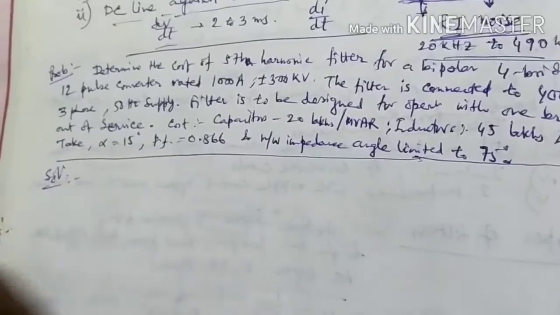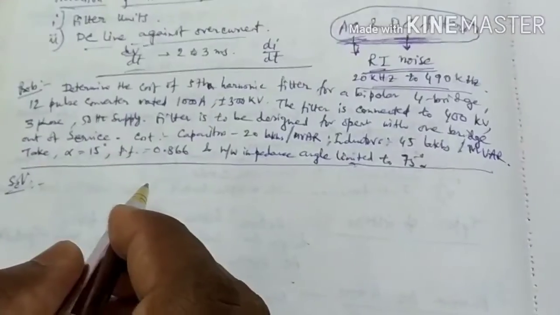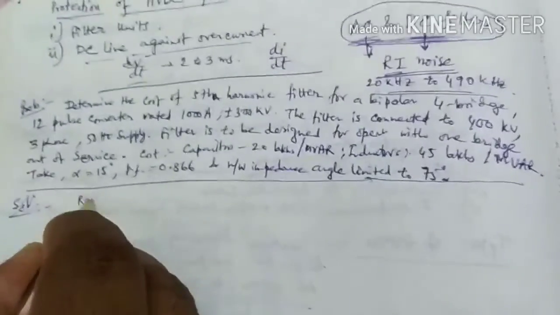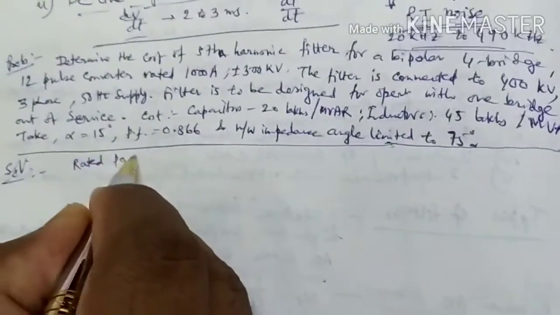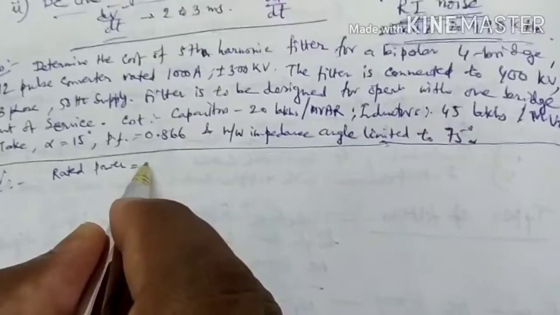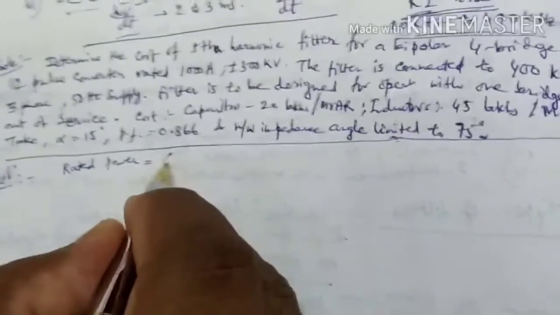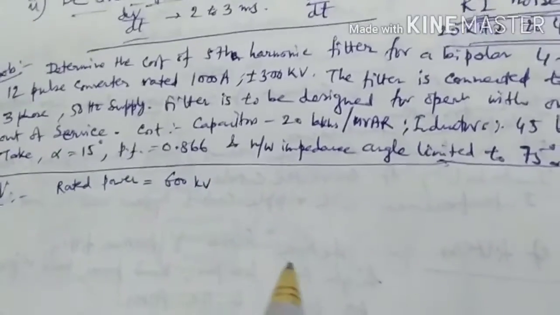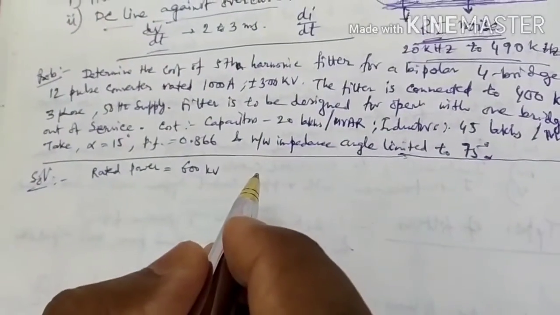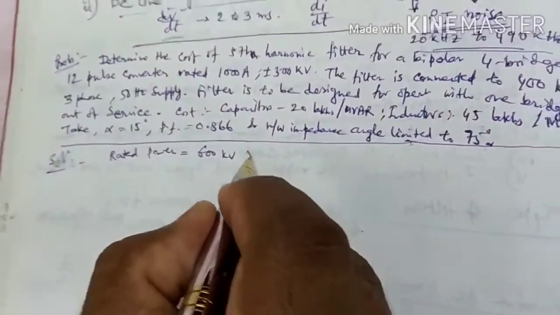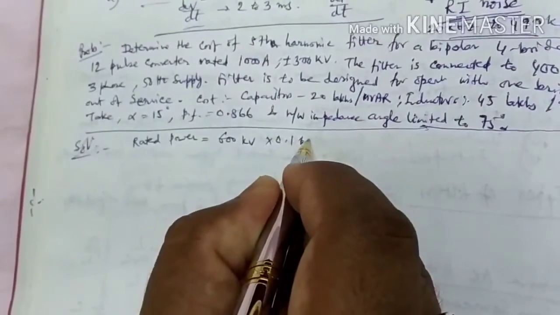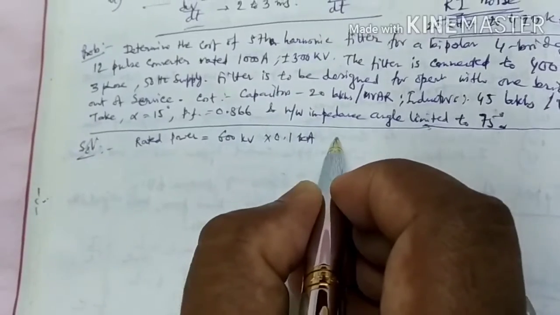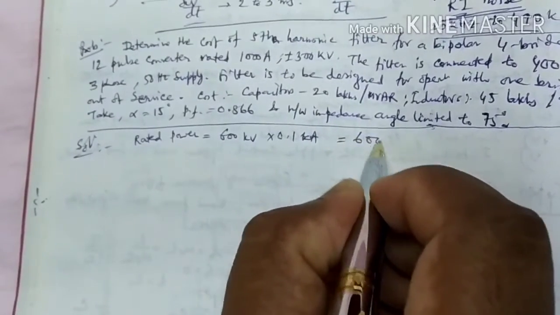So the solution: rated power is 600 kV into 0.1 kilo ampere, so that will be equal to 600 megawatt.